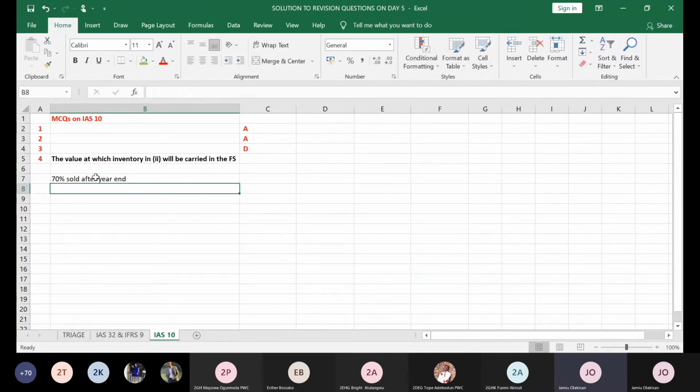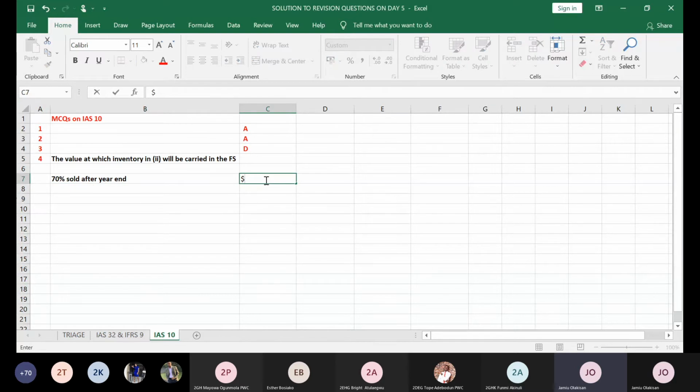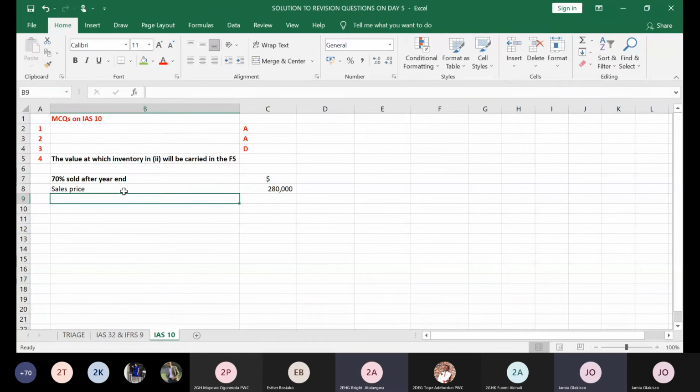Year end. So let's calculate or derive NRV on that one that was sold after the year end. Let's determine the NRV of that one. So sales price. How much was it sold for? The 70% that was sold. 280, right? You know, net realizable value is estimated selling price, less estimated costs to complete, if any, and less estimated selling costs. So I would say selling price, right?